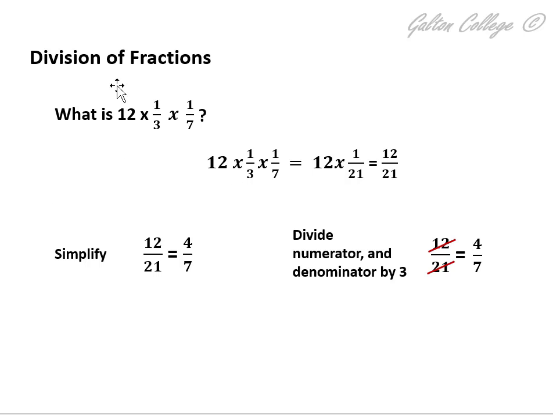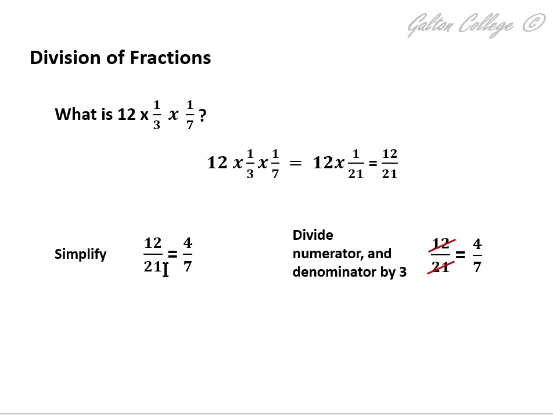So we'll just go about it this way for a second. Now we have 12 times 1/3 times 1/7. That's 12 times 1 times 1 is 1. 3 times 7 is 21. So it's 12 times 1 over 21, which is 12 over 21.